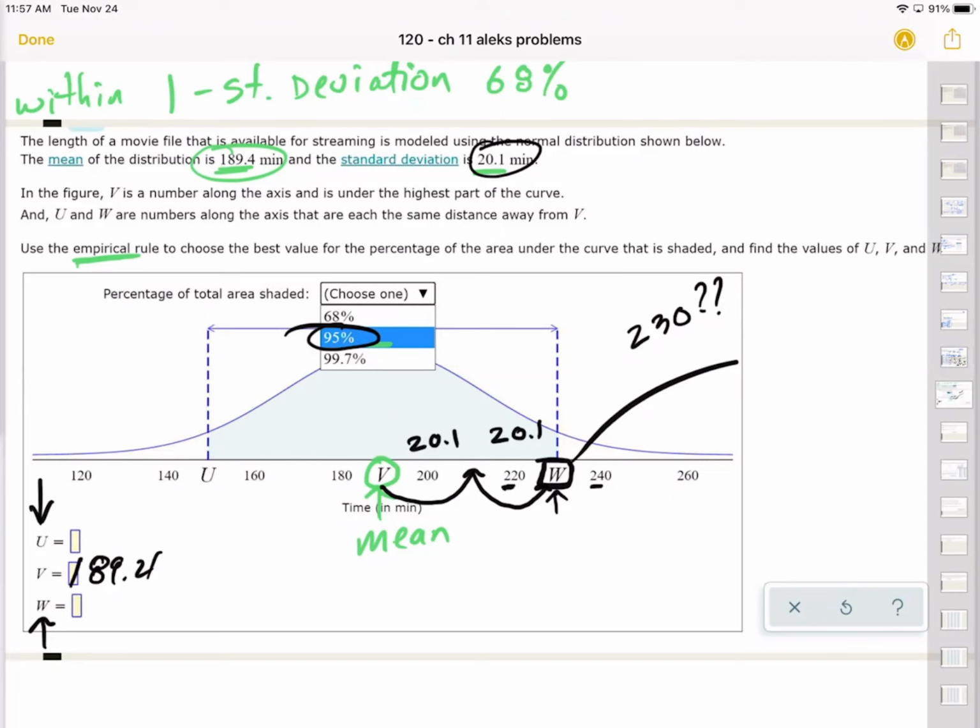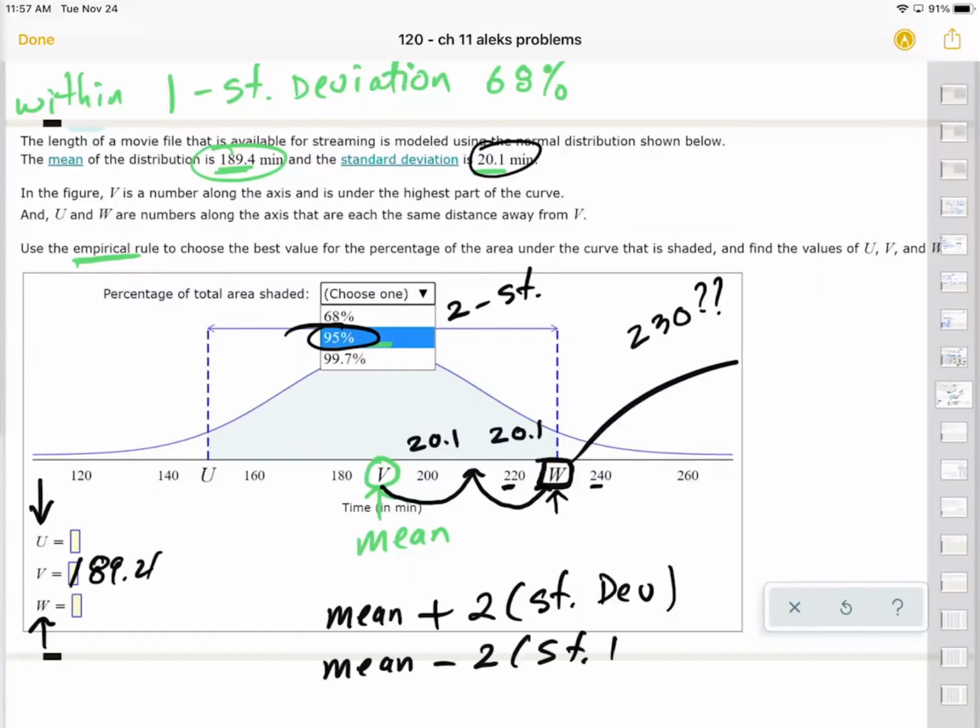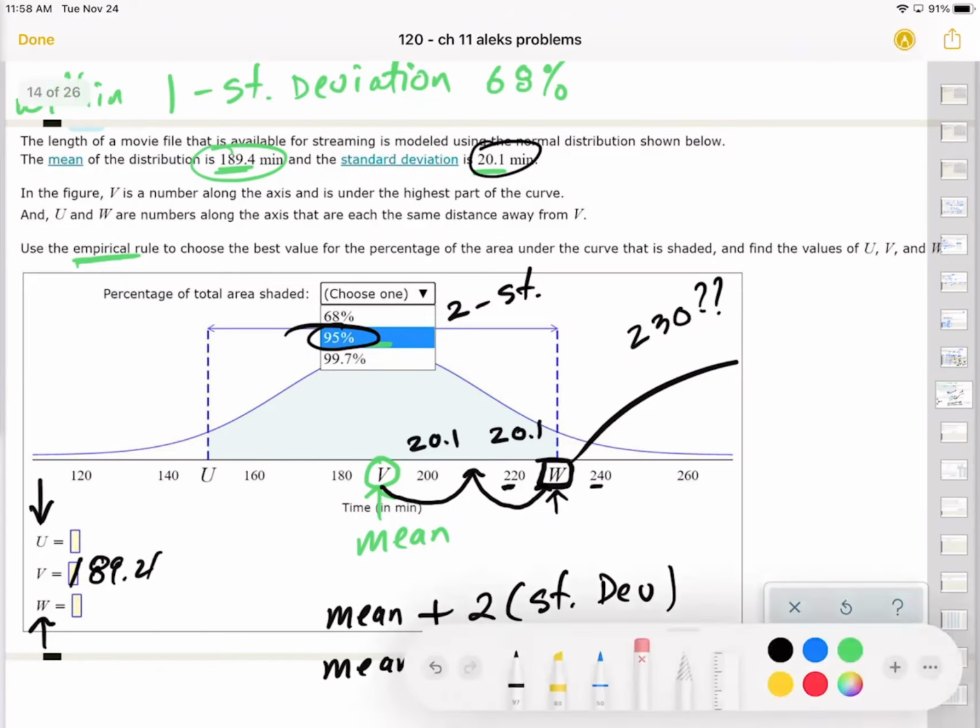If you know that 95% is within 2 standard deviations, then you take the mean plus 2 times the standard deviation to find the upper limit. To find the lower limit, you take the mean minus 2 times the standard deviation. That's what we did last time.